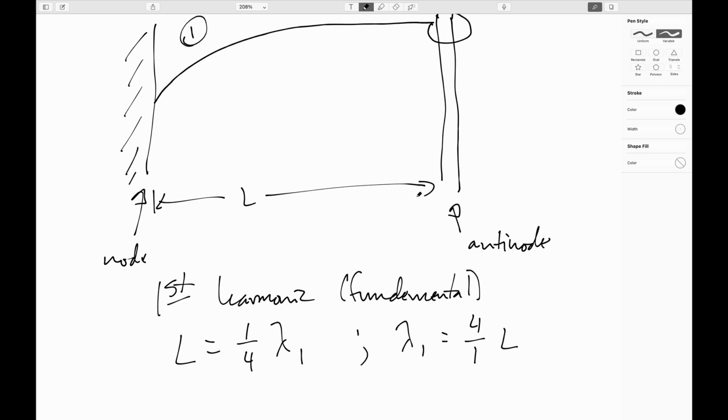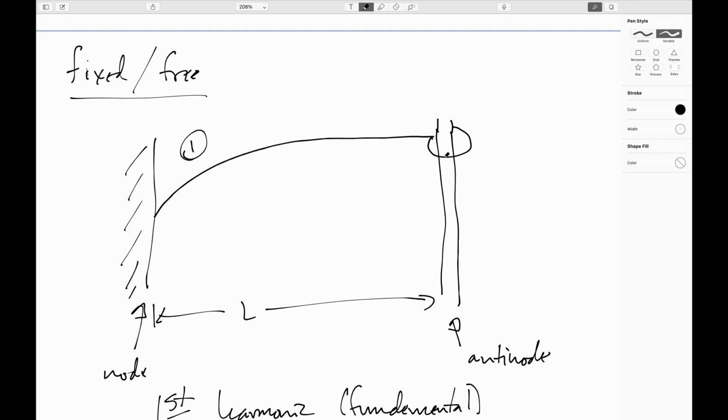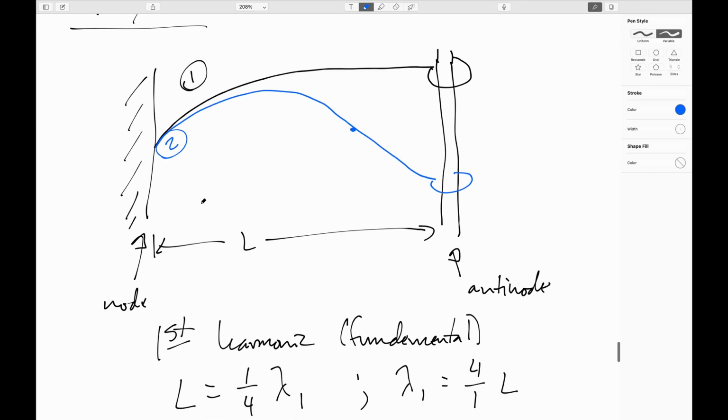All right, well, let's think about the second harmonic. So for the second harmonic, if I were to stick in a loop in between, there's another node right there. This would go node, antinode, node, antinode. Okay, that works. That's the next longest possibility I could possibly pack in.